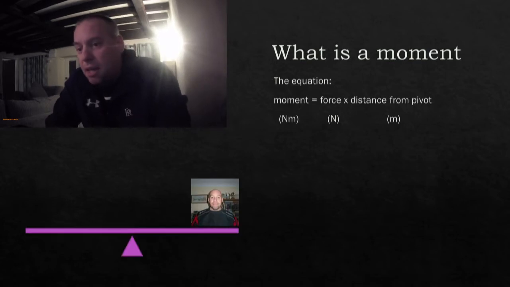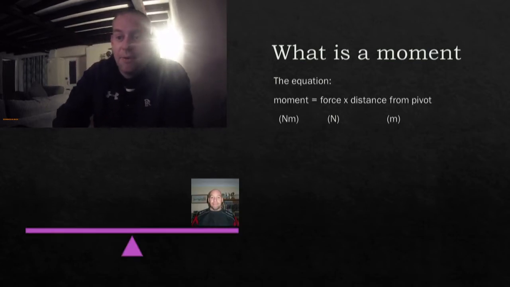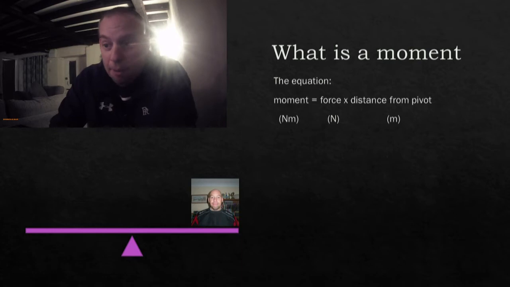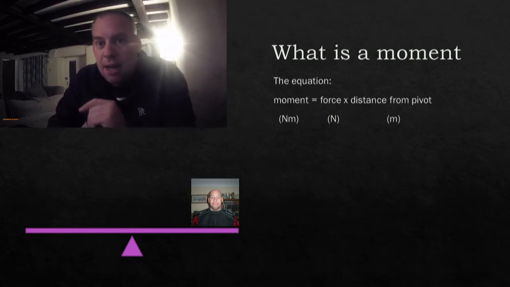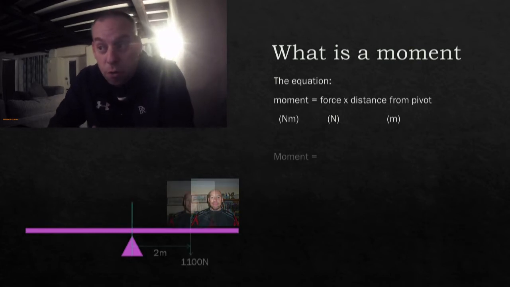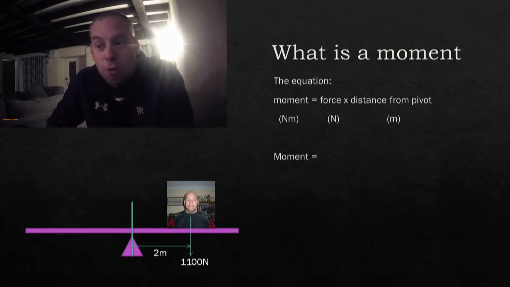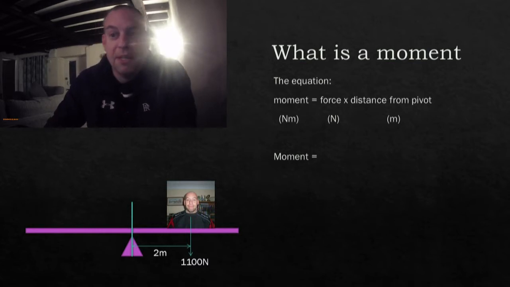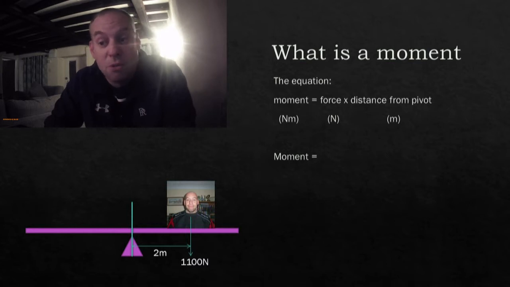So here's my example. Here is a seesaw and here is me, a little bit younger with no hair. I am sat on the seesaw and there's going to be two factors that are going to affect my moment. The two factors are the force and the distance from the pivot. Now my force would be my weight. We discussed in previous videos, weight is measured in newtons. And I'm quite happy to tell you my weight is 1,100 newtons.